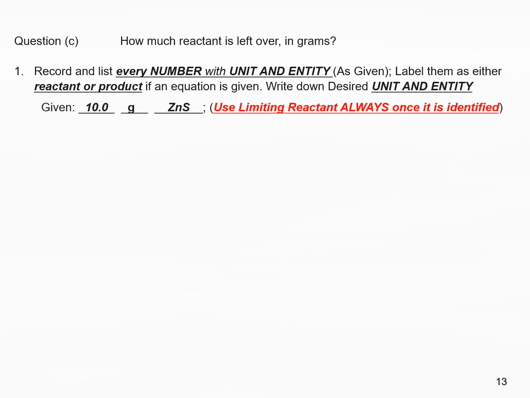So once the limiting reactant is identified, we always use the limiting reactant for the beginning of the calculation. So we know there's 10 grams of zinc sulfide. What does the question want? Remember, there are two reactants. One is limiting, the other one, of course, oxygen. So oxygen, which is called the excess reactant, the question wants us to figure out what's called left.